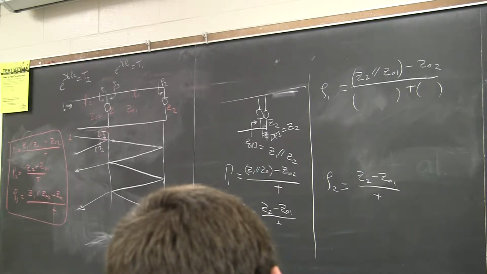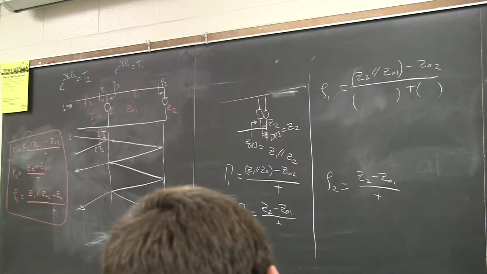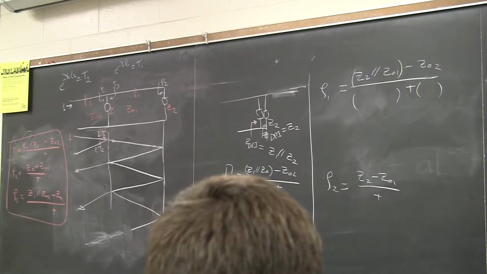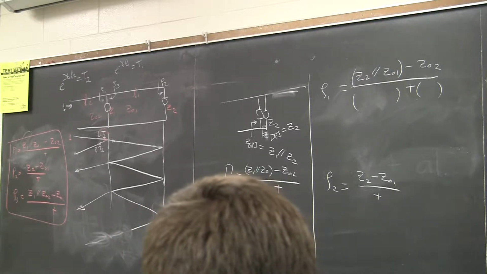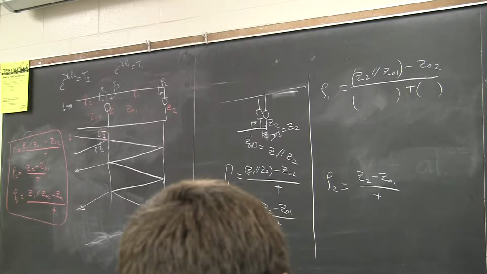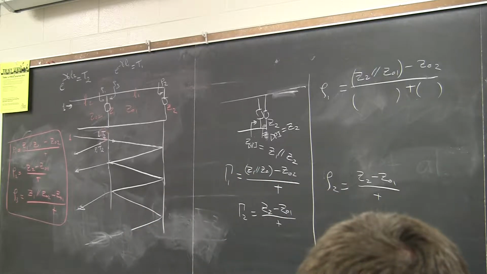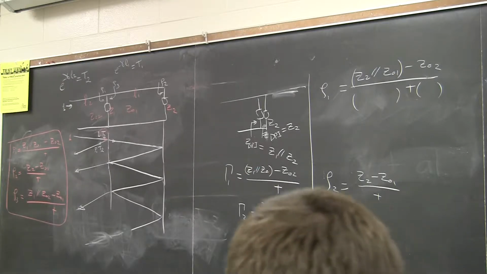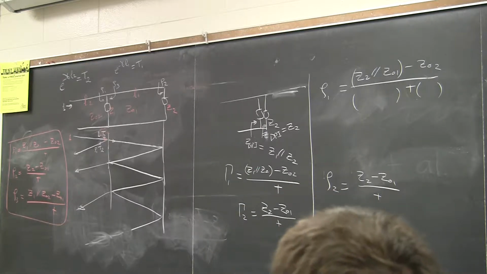The incident wave and the reflected wave are essentially superimposed at the boundary. Why not subtract them? Because that's the total value of the voltage wave. Because energy is conserved.